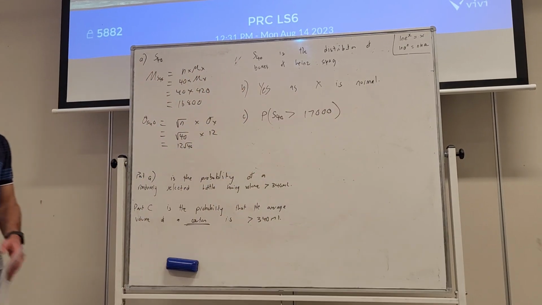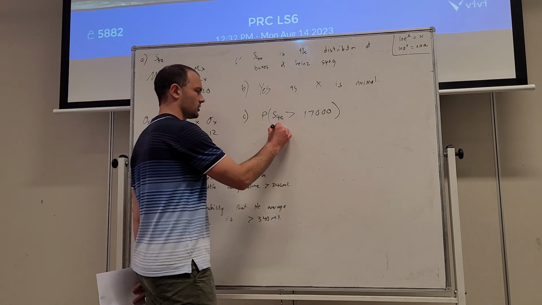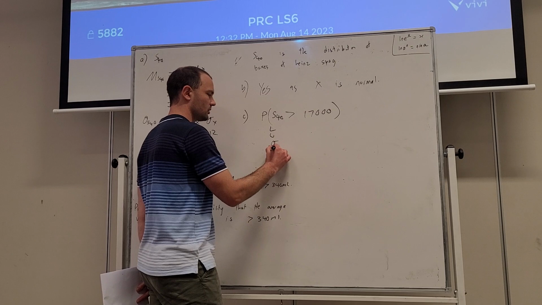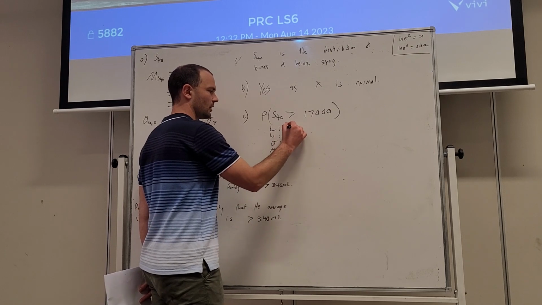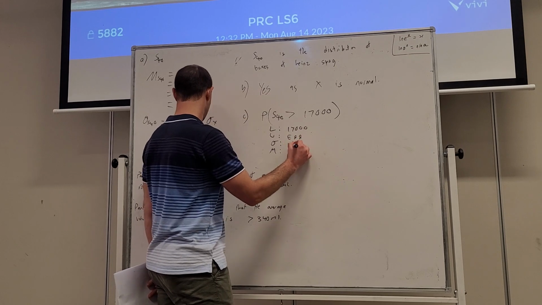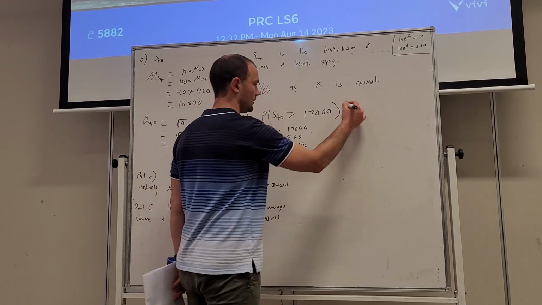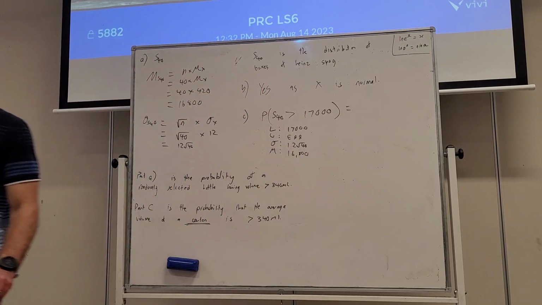Got to make sure we're consistent with the unit here. And so this is just a normal distribution calculation. Lower, upper, standard deviation, mean. And we're talking about 17,000 grams to infinity, standard deviation of 12 root 40, and a mean of 16,800. Let's evaluate that.